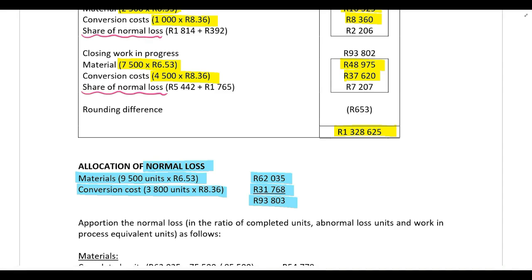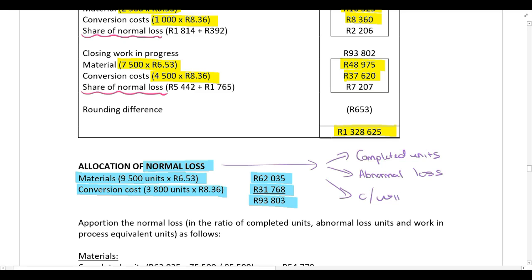Then what we need to do is we need to allocate this normal loss to my completed units, my abnormal loss, and my closing work in process. Okay. So what do I need to do?